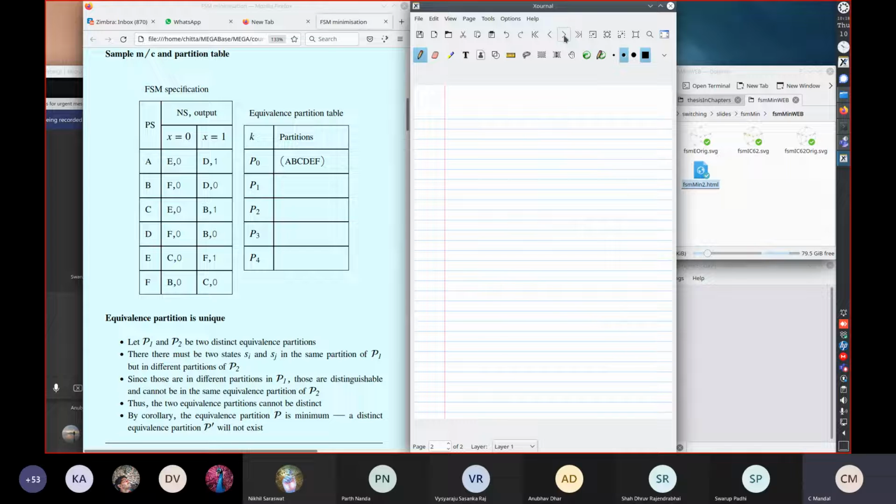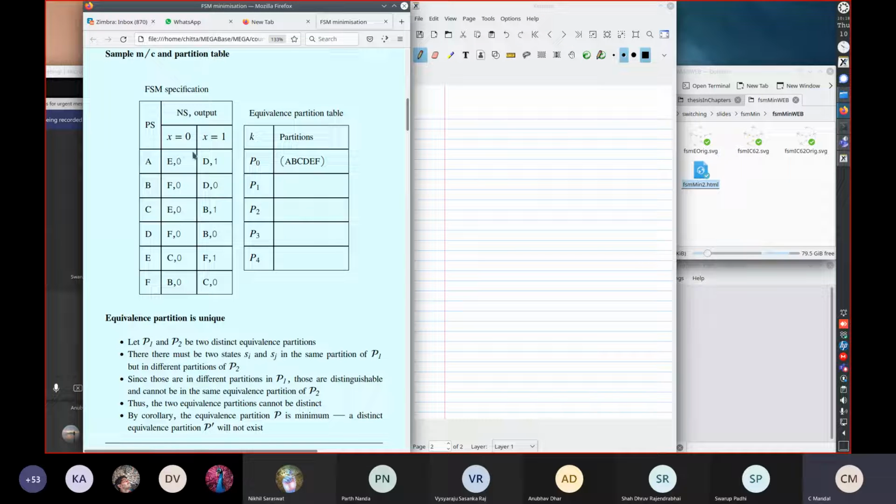All right. If you look at this machine on the left, one thing is quite evident: it's a Mealy machine, and all the states have an output of 0 when the input is 0.